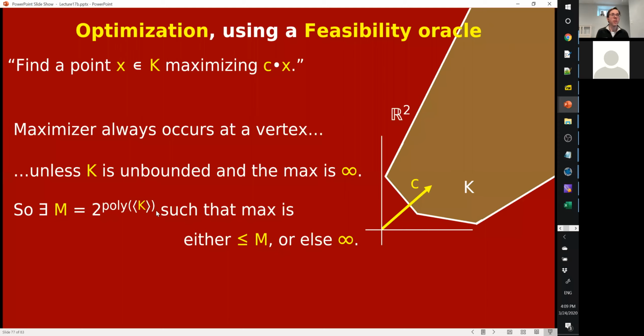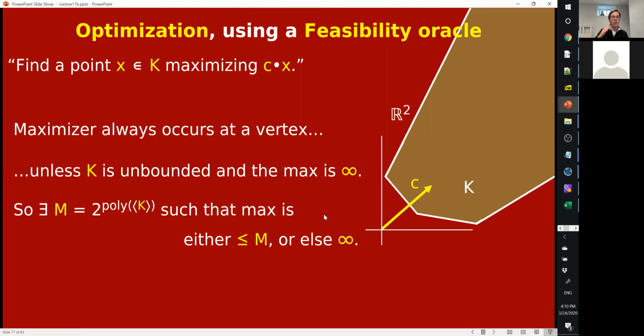But if the maximum is not infinity, then the maximizer will occur at a vertex, and we know that these vertices can be written down with polynomially many bits. We've seen that before. Which means that just given K, there is some number M, kind of like the big box value B, of size 2 to the poly of K, which means you can write M down with polynomially many bits as well, such that the max is either at most M or else it's infinity.